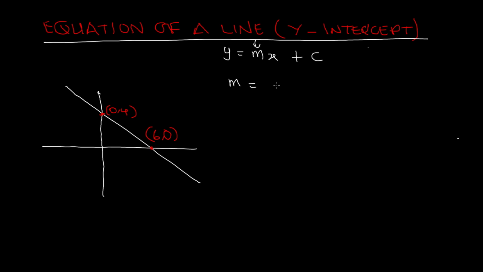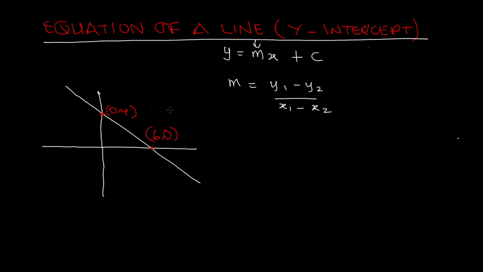We said m is equal to y1 minus y2 over x1 minus x2. Here, we need to make sure that the subscripts are sitting on the same side: 1, 1, 2, 2, like that. You don't do y2, y1, because then it will give you a wrong sign. So the gradient will be wrong, and when the gradient is wrong, it means that this is in a different alignment.